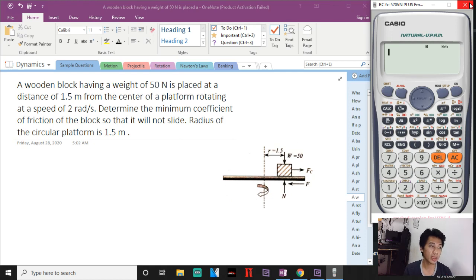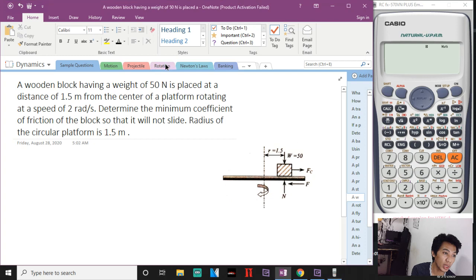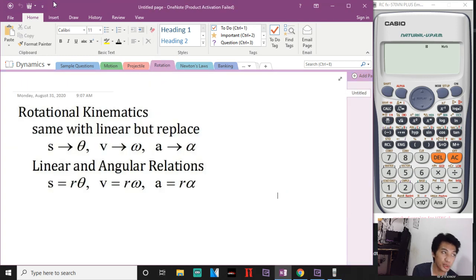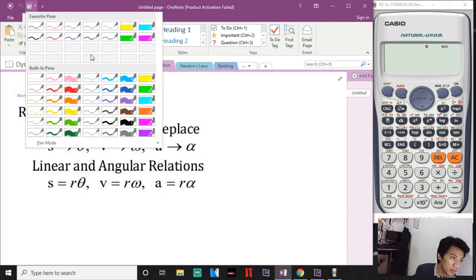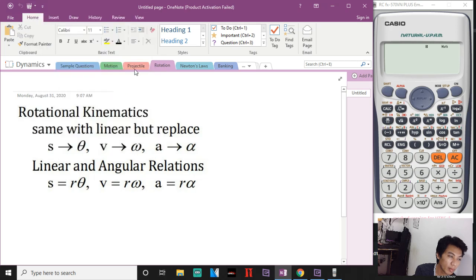Okay, so let us go muna dito kung ano yung mga involved formula pagdating ng ating rotational motion. Now, for rotational kinematics, meron tayong mga notations dyan, okay, and sign conventions. Now, going back dun sa ating linear motion, we have S for the distance traveled.